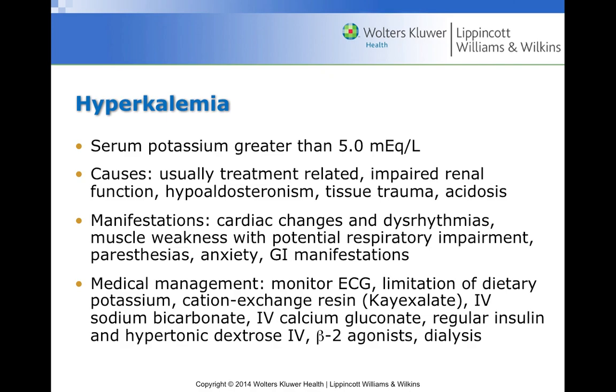When we look at our medical management, the ECG should be obtained immediately to detect any changes. In non-acute situations, restriction of dietary potassium and potassium-containing medications may correct the imbalance. Administration either orally or by retention enema of cation exchange resins may be necessary.